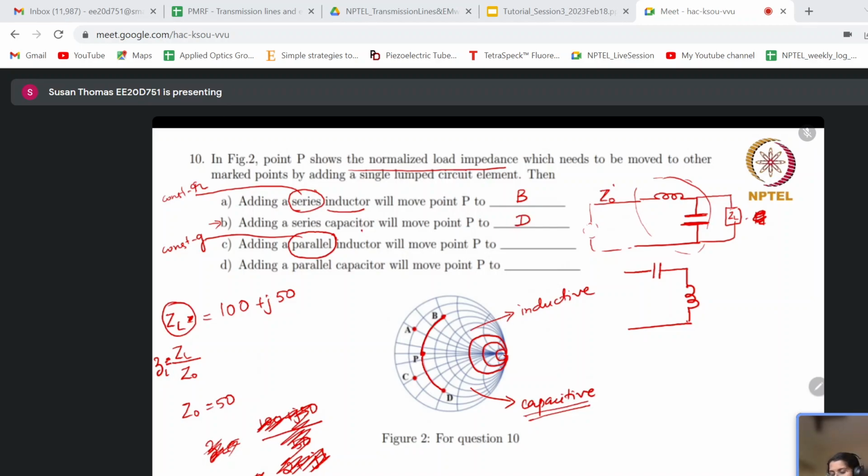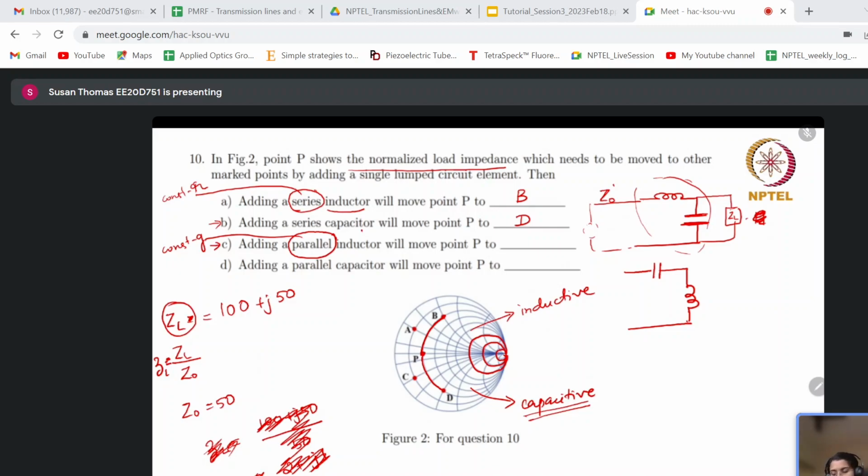Now coming to the C part, adding a parallel inductor. When I say parallel, we need to understand we have to move along the constant G circle. So G circles will be like this. It will move towards the inductor side.